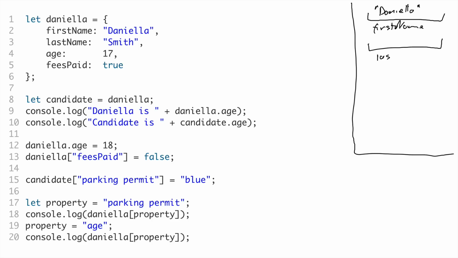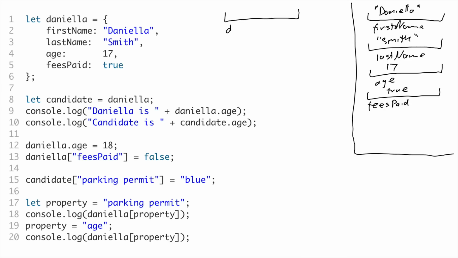Another for last name with a value Smith, a string. Another called age with value 17, a number. Another called fees paid with the value true, a Boolean.